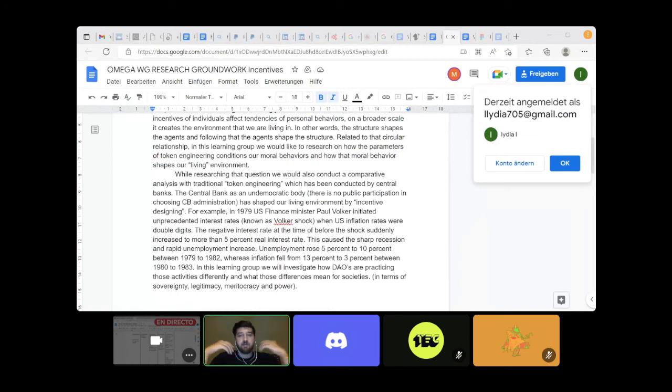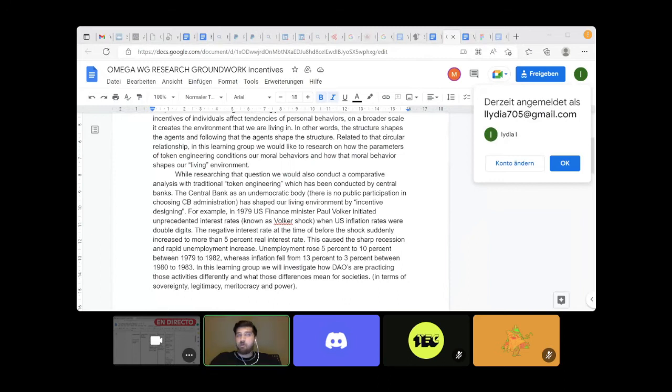For example, in our TEC experiment, we together decided the parameters of the augmented bonding curve, like the entry tribute. But for the interest rate of the United States of America, we don't have any democratic input, not even the smallest, because we don't even representatively choose a federal bank chief.